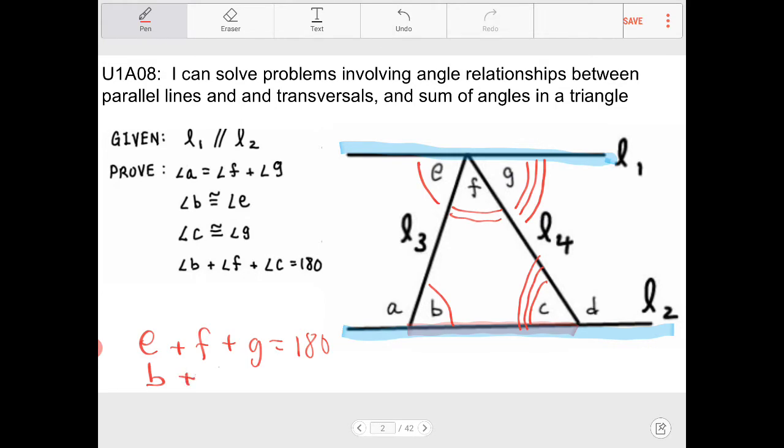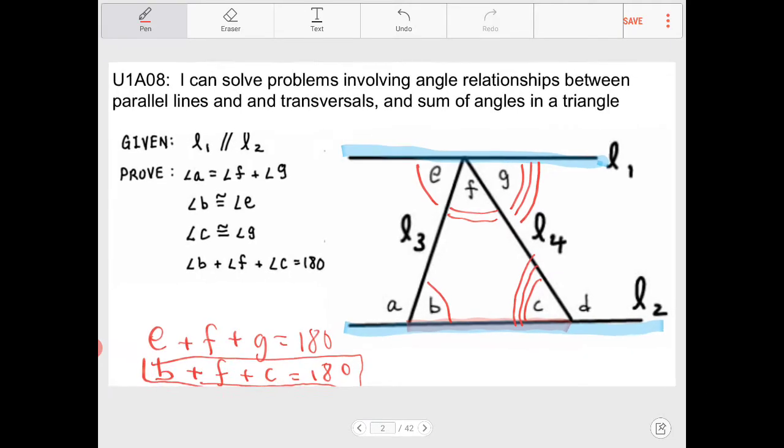F is congruent to itself, and G is congruent to C. So therefore, we can proclaim that all the angles inside of a triangle will indeed add up to 180. So there you have it. The sum of all the angles inside of a triangle is in fact 180.